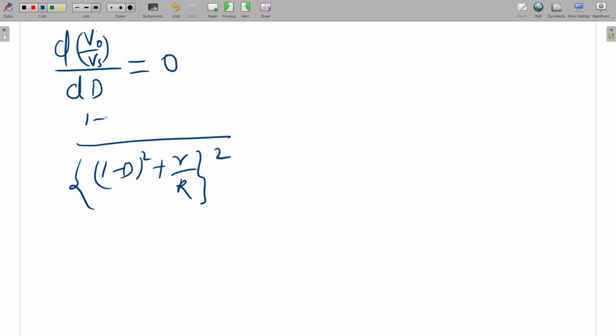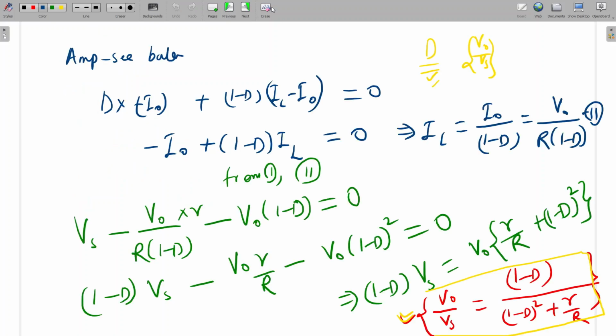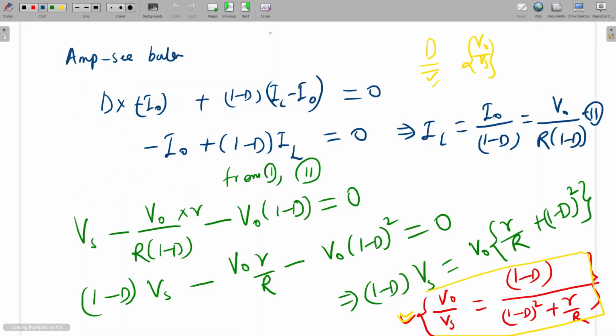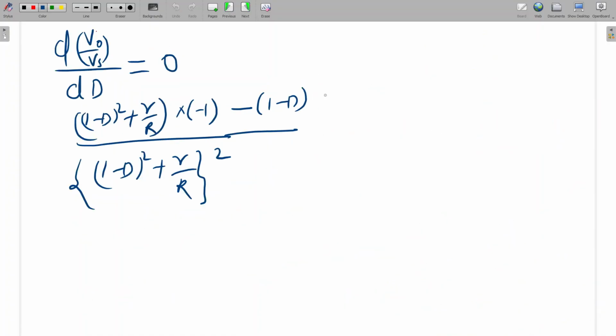Further here it will be (1 minus D)² plus r by R, and the second term is 1 minus D, so differentiation will be minus 1 into minus 1, minus (1 minus D) is there already, and this term's total differentiation will be 2 into (1 minus D) into minus 1. This should be equal to 0.